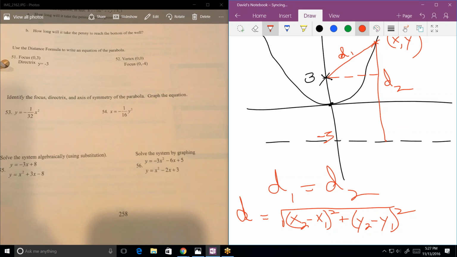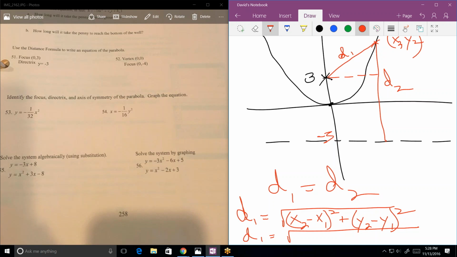Notice that D1 is now the hypotenuse of that little right triangle I made. One of the sides is the distance between x and 0, and the other side is the distance between y and 3. So for D1, what is D1 going to be equal to? What's x sub 1? We'll call this x sub 2 and this y sub 2.